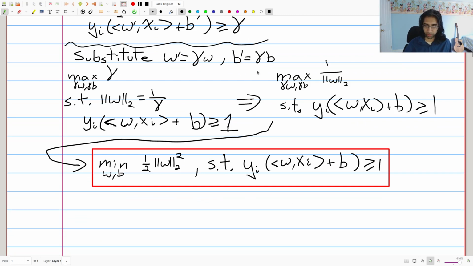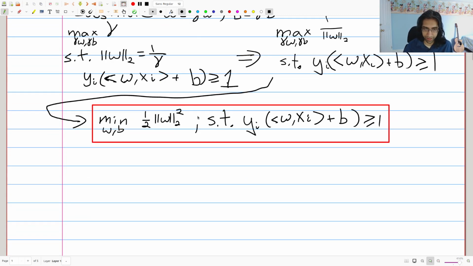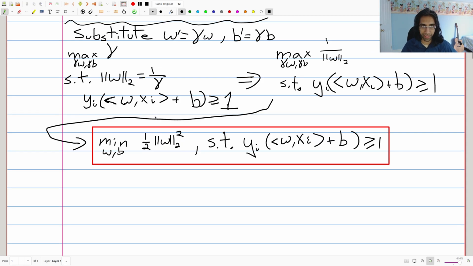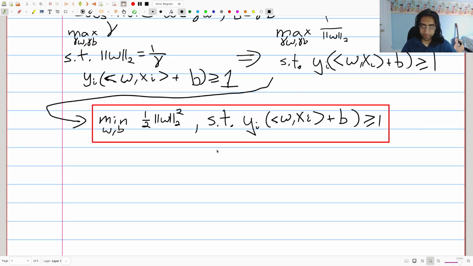If you follow these steps, that's essentially just rewriting the problem this way. And this is convenient because we don't have to deal with the gamma parameter. This is a nicer thing to optimize, in my opinion. Okay, so that is the objective.